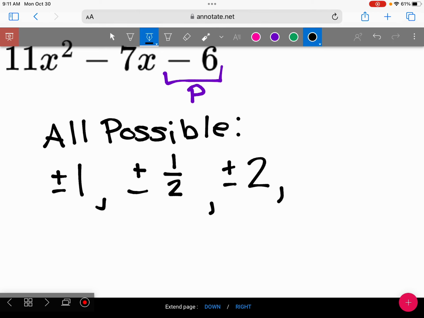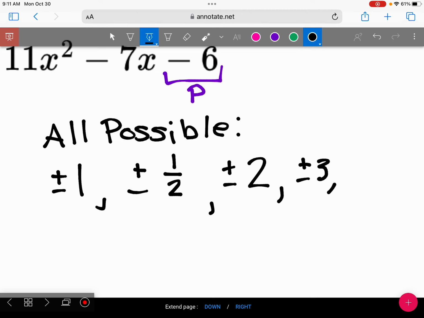So then we did our 1 over 1 and then our 1 over 2. Then we did 2 over 1, 2 over 2. 2 over 2 is still the 1 again. So next I'm going to do my 3 over 1. So plus or minus 3. And then 3 over 2.